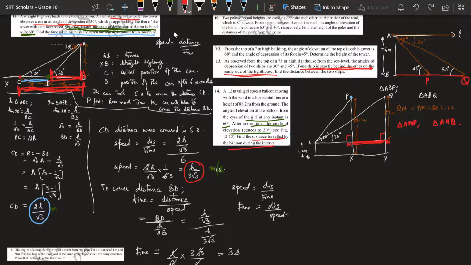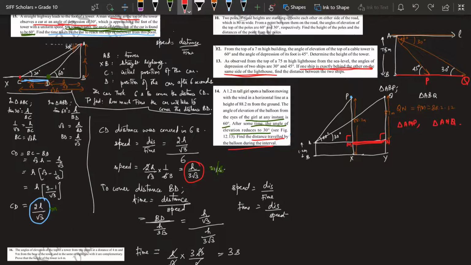CD was the distance which the car has already taken 6 seconds to cover. That also we found in terms of h. So far so good. Everyone good till here? We got CD in terms of h.